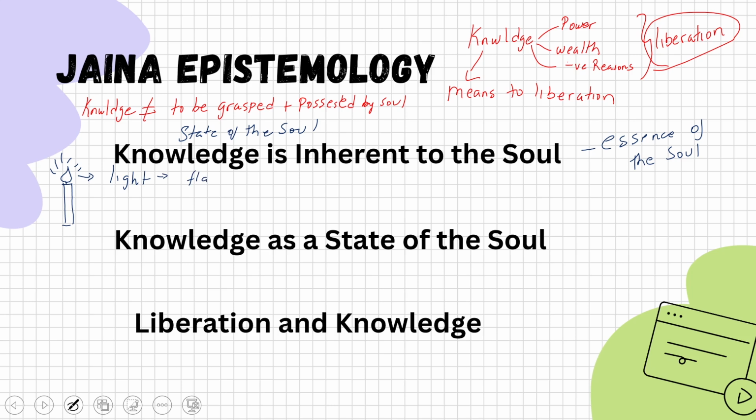Okay, light comes from the flame. Let's go deeper. Where does the flame come from? Deeper? Okay, so to put it in simple words, this flame which gives light, does it come from outside? So the flame is something that comes from within, it is part of the candle, it is part of the lamp. It is not something that it takes from outside.